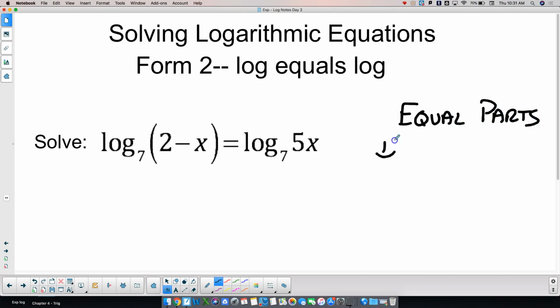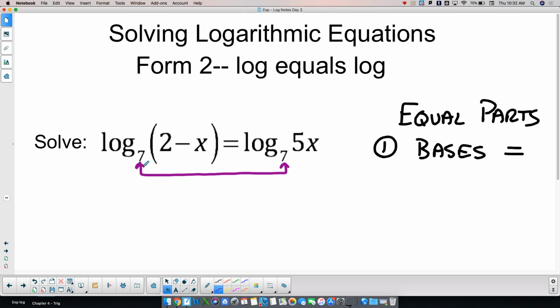So your first check is the bases must be equal. In this particular case, the base of 7 is equal to the base of 7.